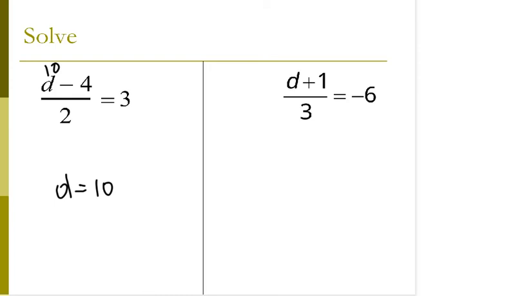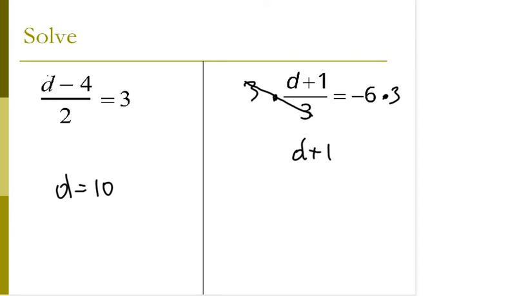Let's try the next one. We could, as we did on the left, multiply both sides of our equation by 3 to undo the division on the left side. These 3's eliminate each other or undo each other, and that leaves d plus 1 on the left side and negative 18 on the right.